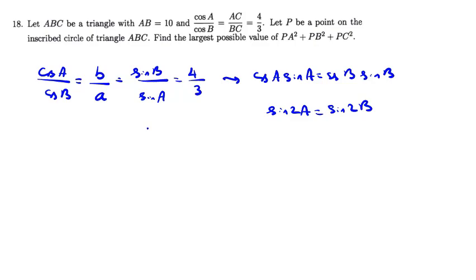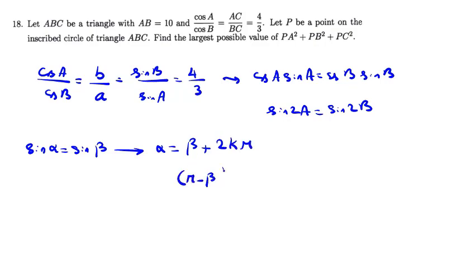Now, there is an important formula that when you know that sine alpha equals sine beta, the general solution is alpha equals beta plus 2k pi, or alpha equals pi minus beta plus 2k pi. We can write also in degrees: beta plus 360 degrees k, or 180 minus beta plus 360k.